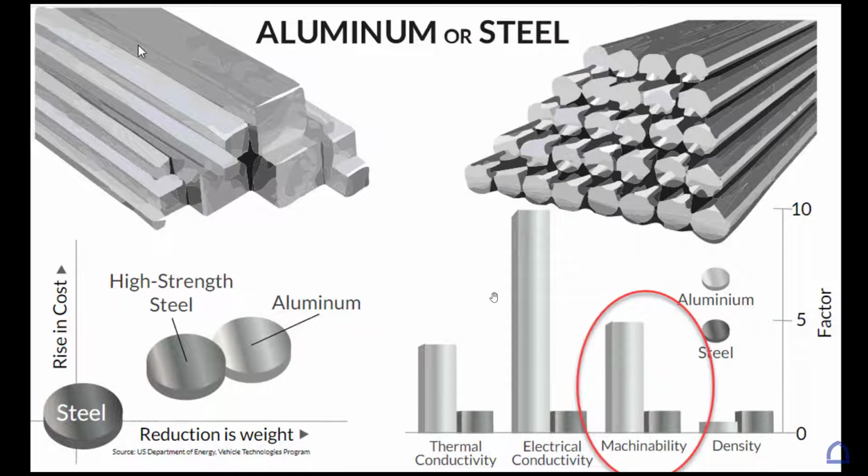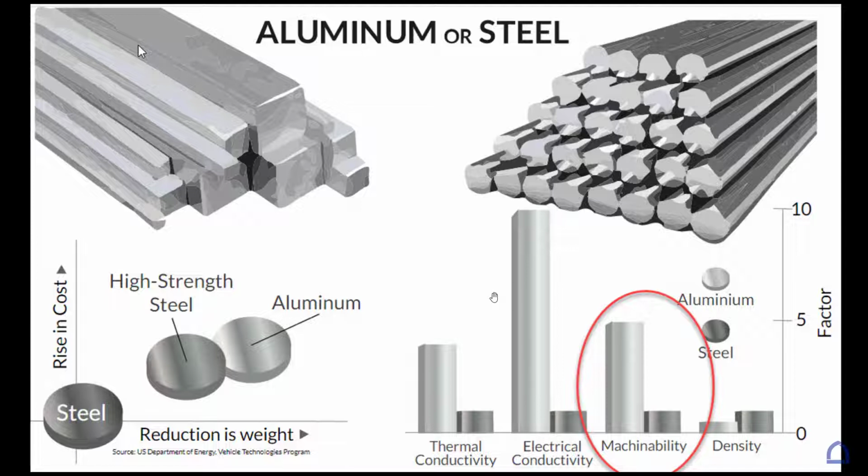Before we start the sustainability analysis, let's take a quick look at a scenario where you need to select a material for your project. For example, you need to select between steel and aluminum. What are the factors that you are considering? Steel possesses very high strength and density compared to aluminum. But on the other hand, aluminum has good thermal and electrical conductivity.